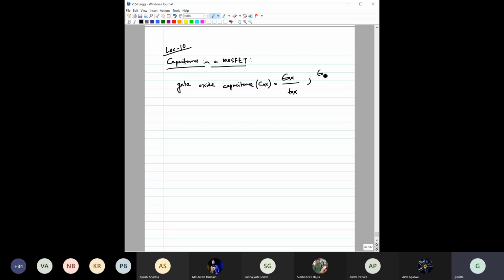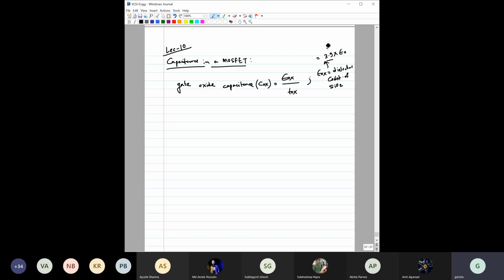Where you remember epsilon ox is the dielectric constant of silicon dioxide. Please do remember this value, sometimes it is useful. This is 3.9 into epsilon naught, so the relative value is 3.9.